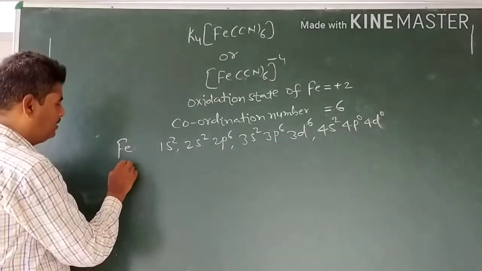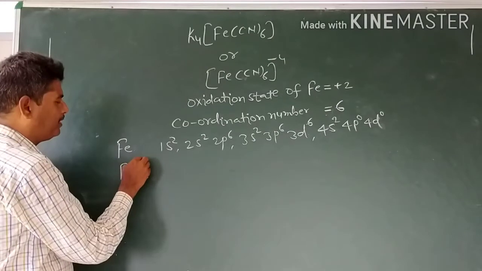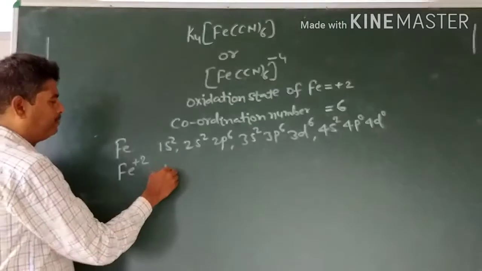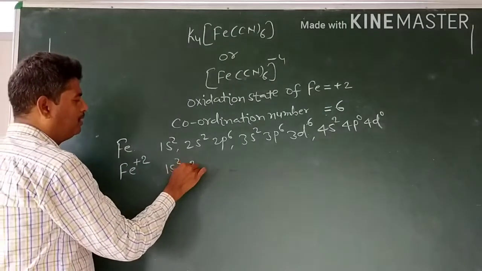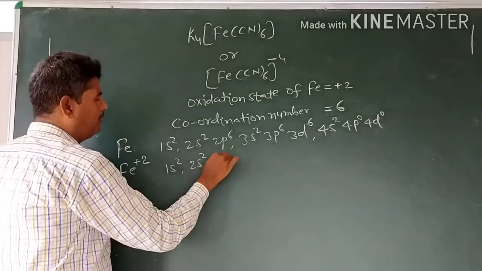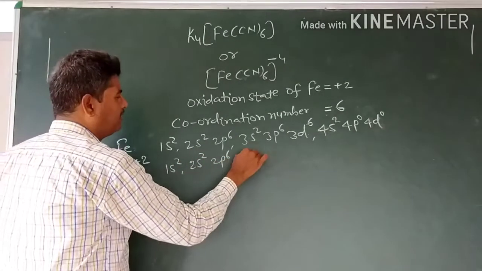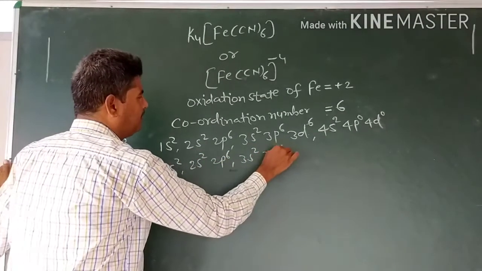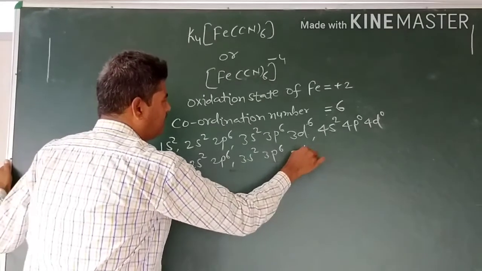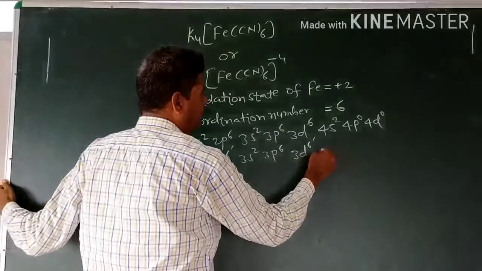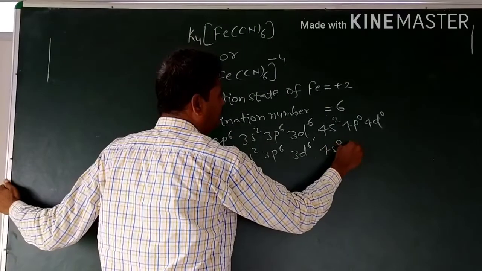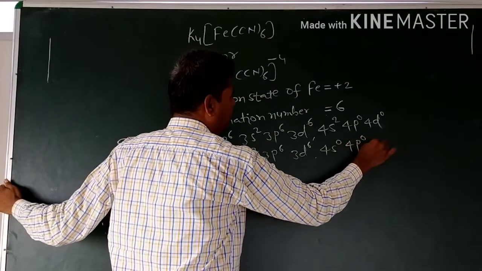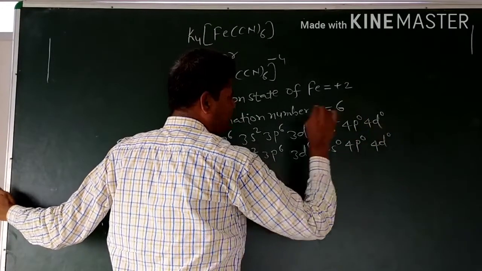So the configuration for Fe2+ will be 1s2, 2s2, 2p6, 3s2, 3p6, 3d6, 4s0, 4p0, 4d0.